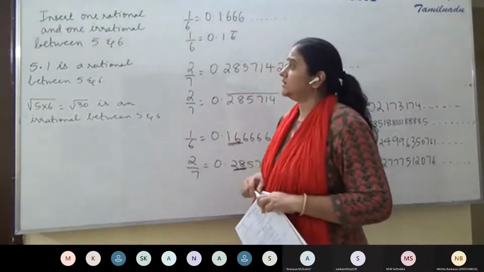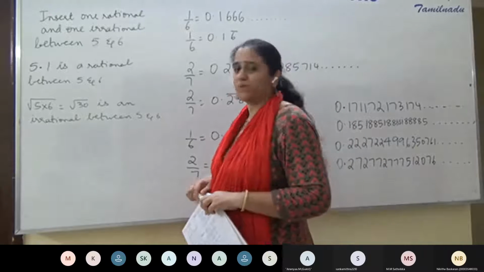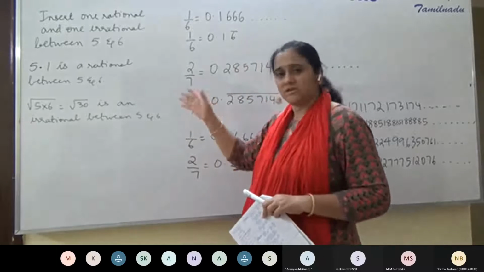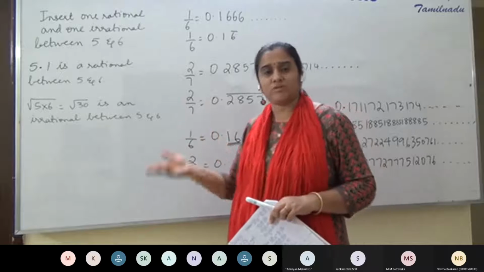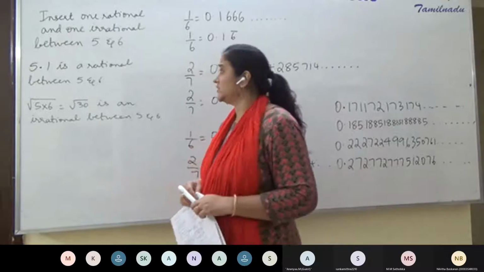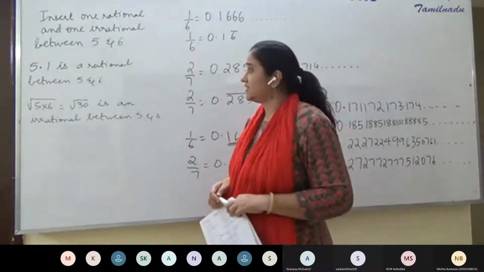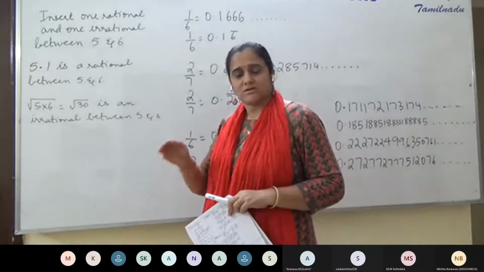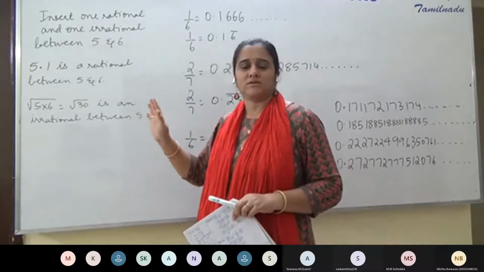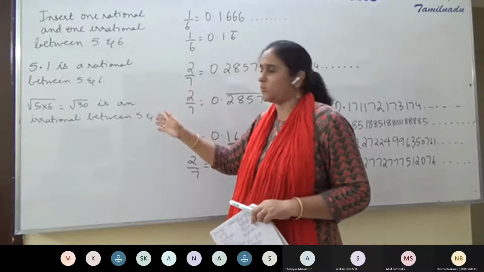So here, insert one rational and one irrational between 5 and 6. Rational, we know 5.1, 5.01, 5.015, so many. So 5.1 is a rational number between 5 and 6. Irrational: the square root of the product. Remember this, square root of the product, we'll understand why.